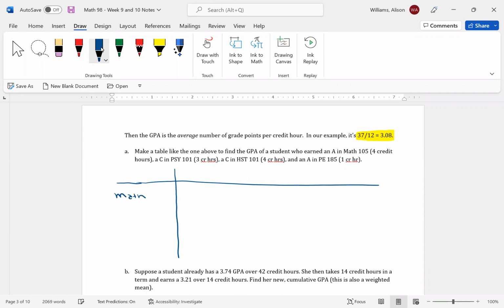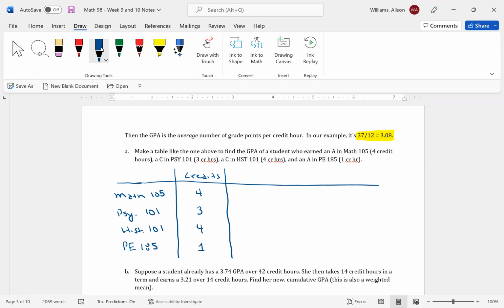Math 105, Psych 101, History 101, and PE 185. Okay, so the credits are 4 for math, 3 for psych, 4 for history, and 1 for PE.